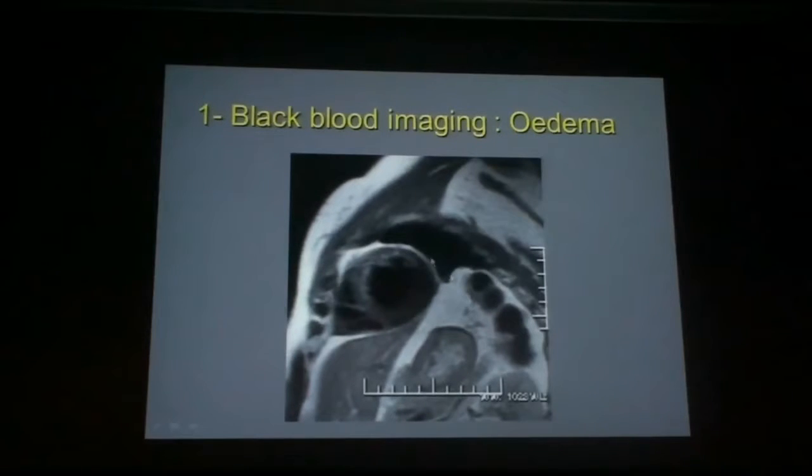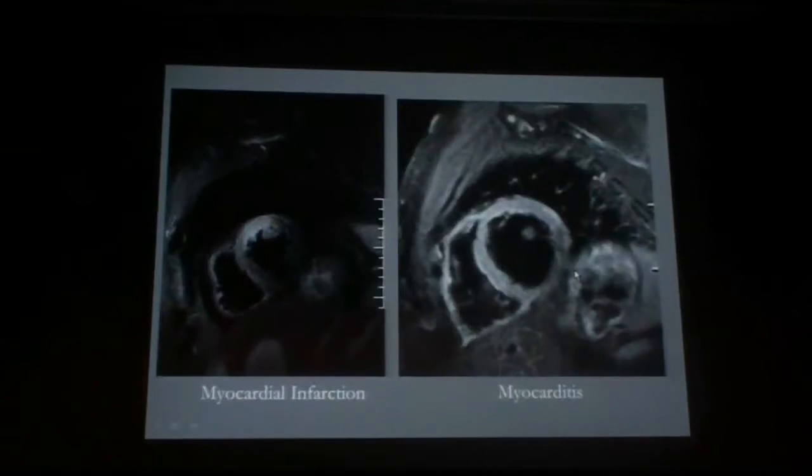This is a short axis view of your left ventricle and your right ventricle, and you can see on the anterior segment of your left ventricle a hypersignal that you might analyze as an edema. So this is something you're going to look for in patients with a heart or a chest pain, and we'll come back to that later in terms of heart attack that you may take as an edema where in fact it might be a slow flow. So edema, this is what you're looking for with this sequence.